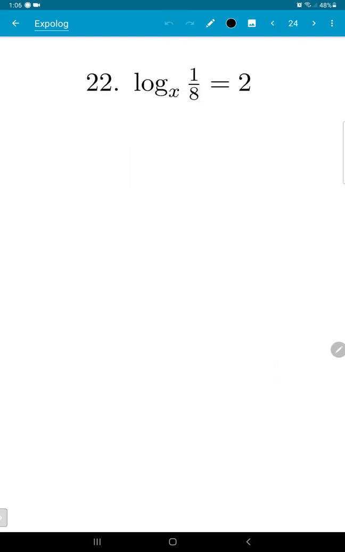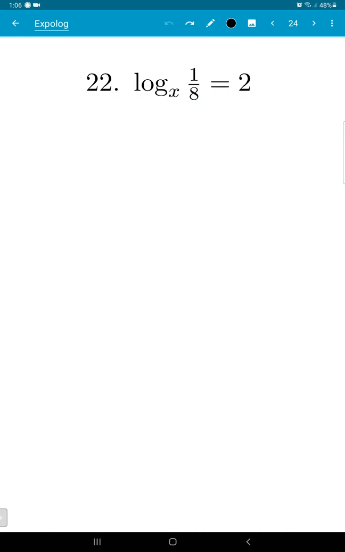Now, let's have this one, where x is not the input, rather the base of the logarithm there. So the same principle applies, or method rather. You convert this to exponential form. And what do you have for x? Let's see.